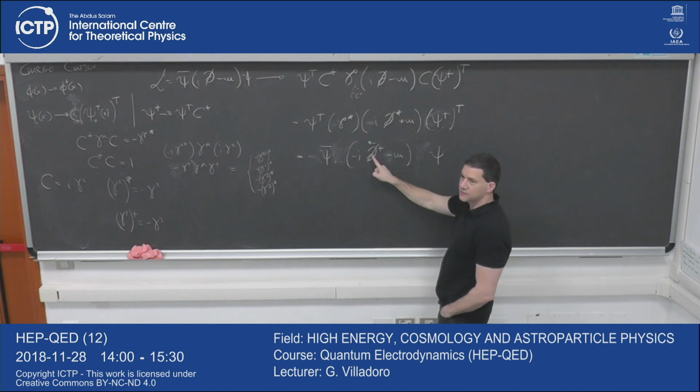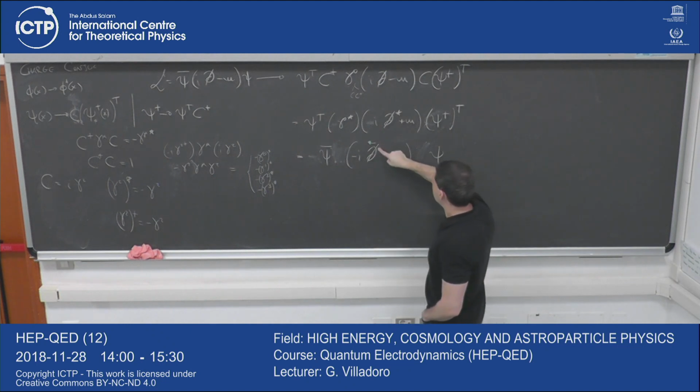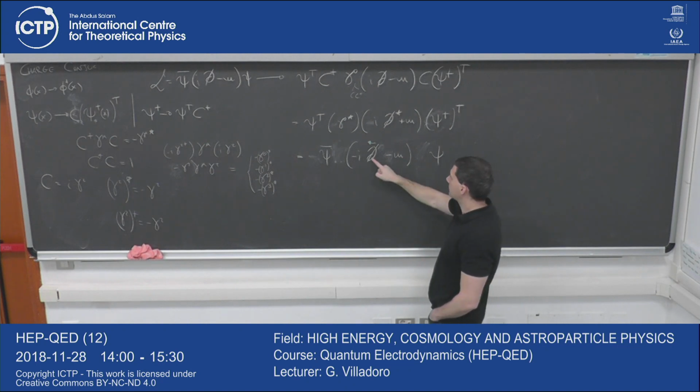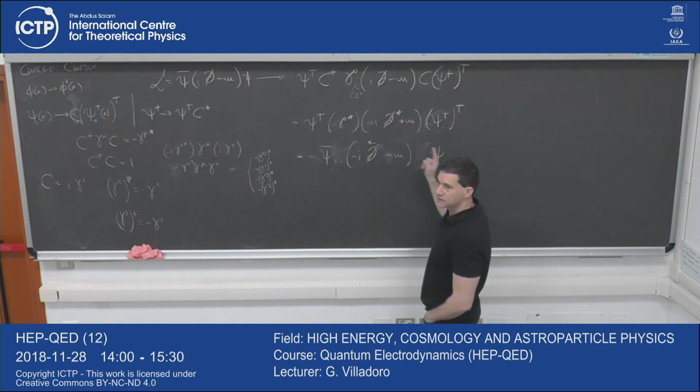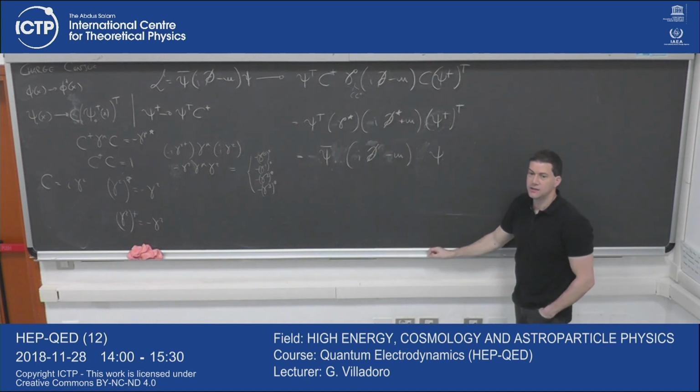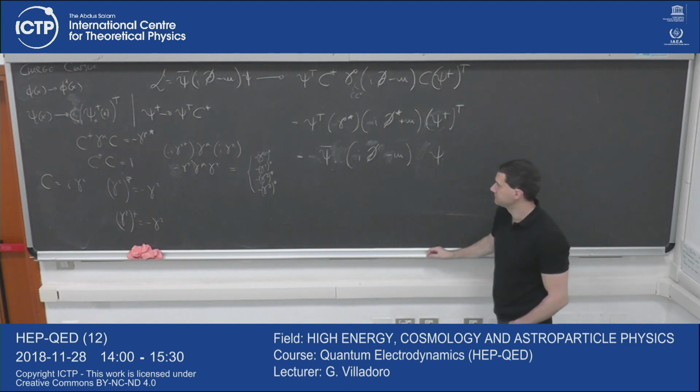And now this derivative becomes without the dagger, because it's going through gamma 0. And now this derivative I just integrate by parts, so up to a total derivative this is plus the derivative acting on psi. And I get, up to a total derivative, the initial one again.